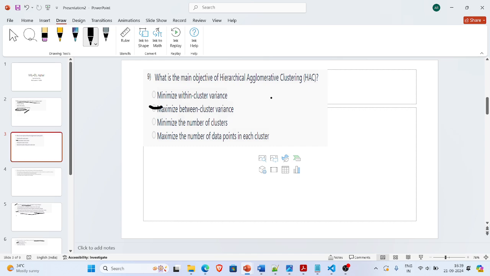So the idea is we are dividing all the data points into new clusters and then joining them together. The clusters which have more difference are divided into different clusters, so the variance between the two different clusters is more. That is the thought process here. Maybe a little difficult one to guess.